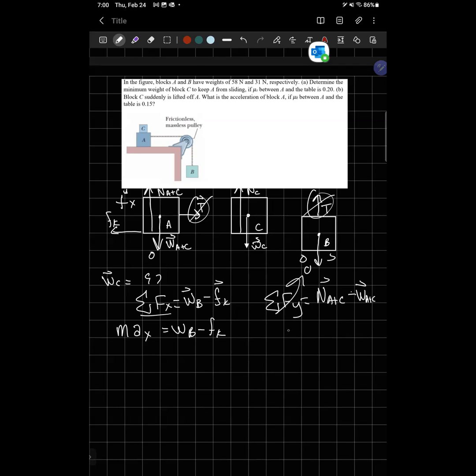And then I can rearrange the weight of A plus C as equivalent to N of A plus C. The normal force is still going to be, oh wait, we don't have C anymore.